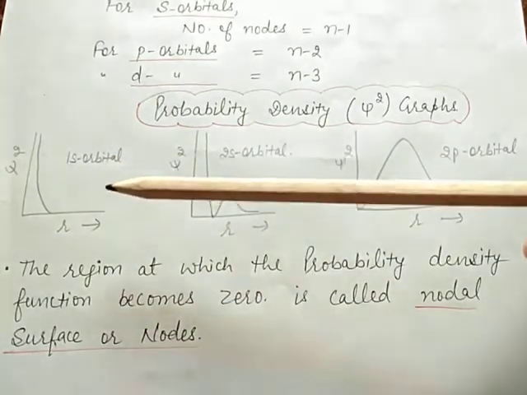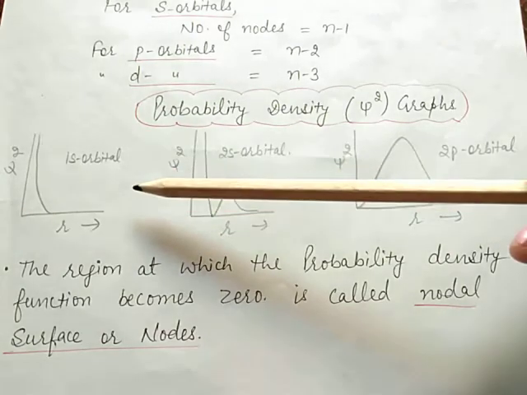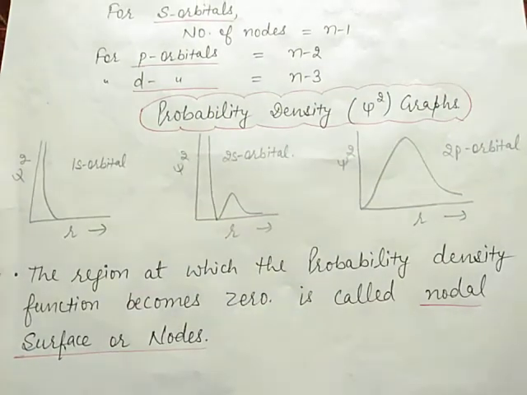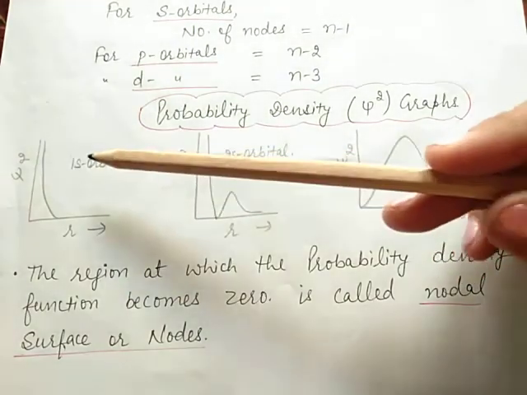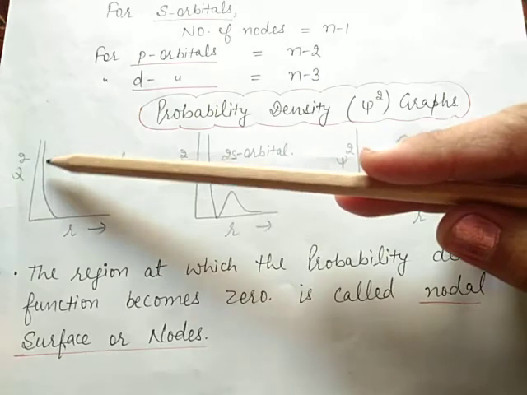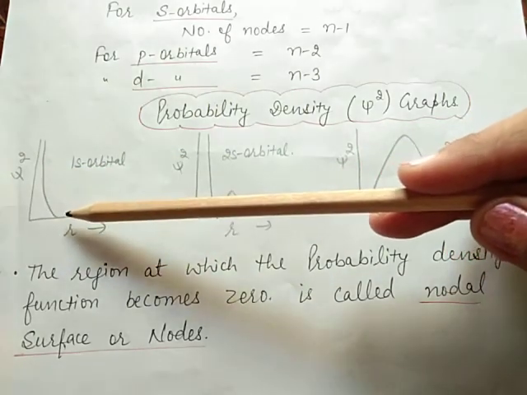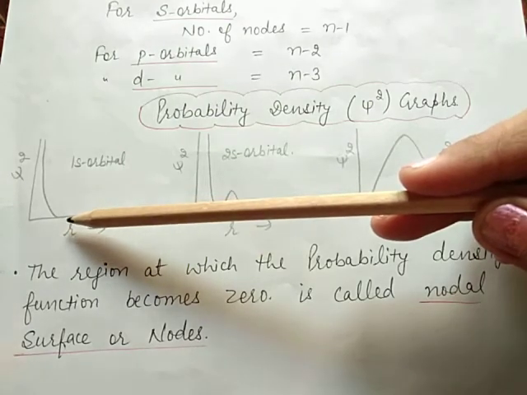In case of 1s orbital, their probability density is maximum at the nucleus and then decreases sharply as the distance increases.